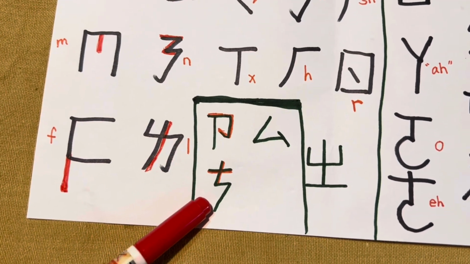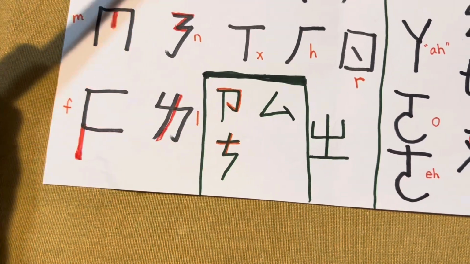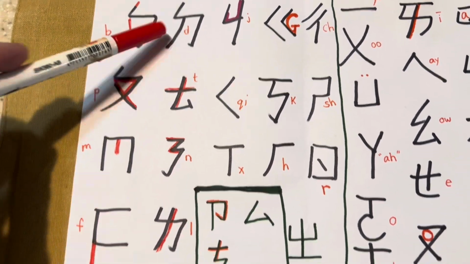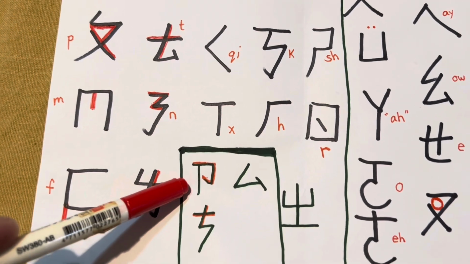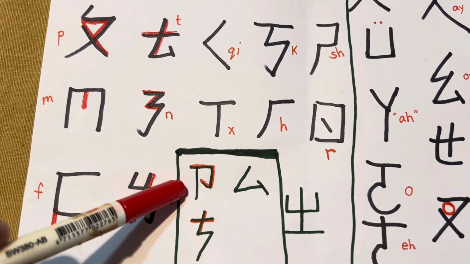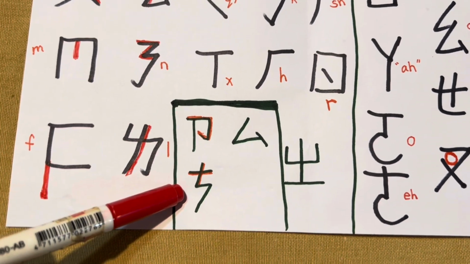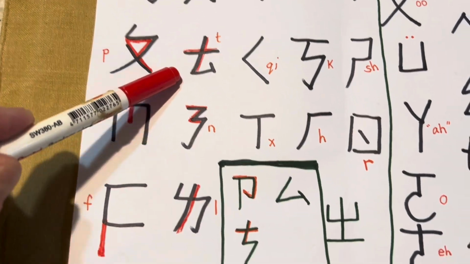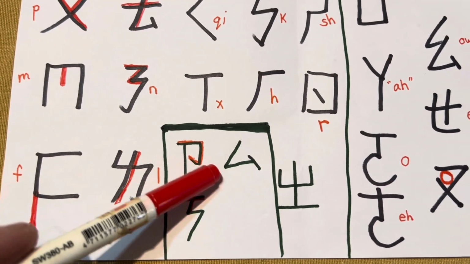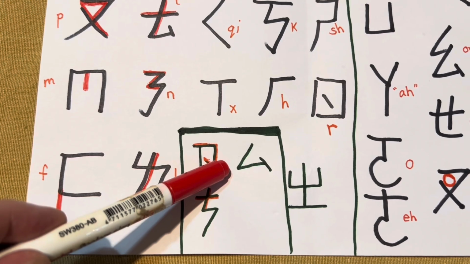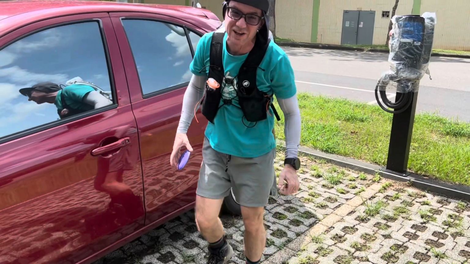Z, c is different from D here. Z, D, but both kind of sound like a D beginning sound. This sounds like DZ. C is not T, okay? S, this is actually a character in its own right. Radical as well. Are you having fun yet?